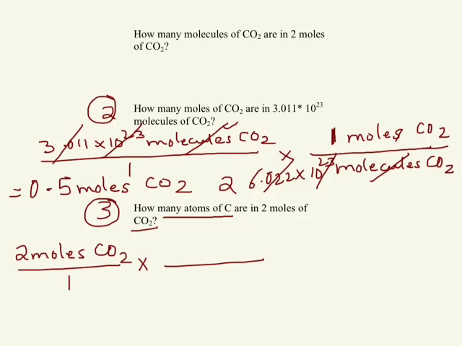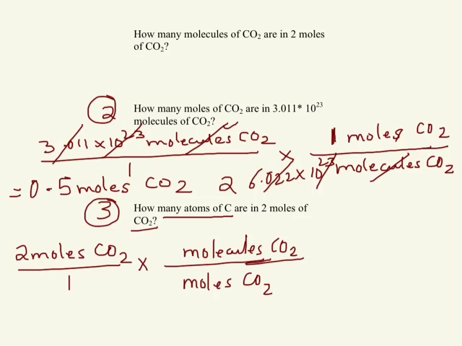Then in the conversion factor, you have moles of carbon dioxide here. Now you can go from moles of carbon dioxide to molecules of carbon dioxide. There is no way you can go from moles of carbon dioxide to atoms of carbon.